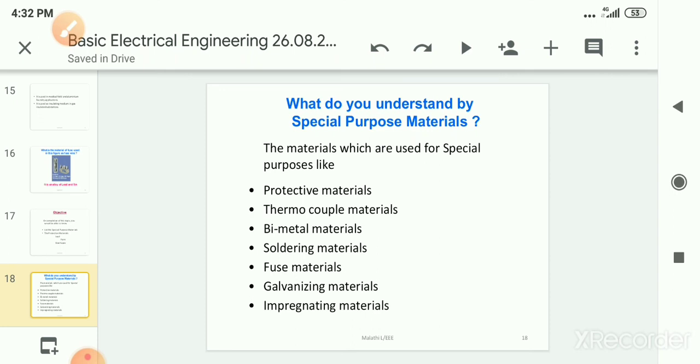With the help of the special materials or secondary materials, the primary materials complete and finish their task in an effective and efficient manner. So our next target is what? To study the special purpose materials. These are the different types of special purpose materials. In detail we have to study them in our next video.